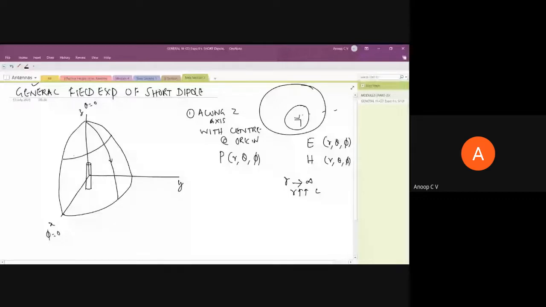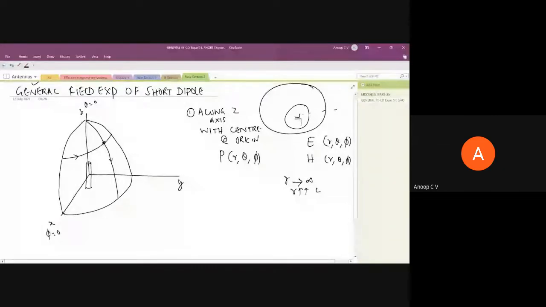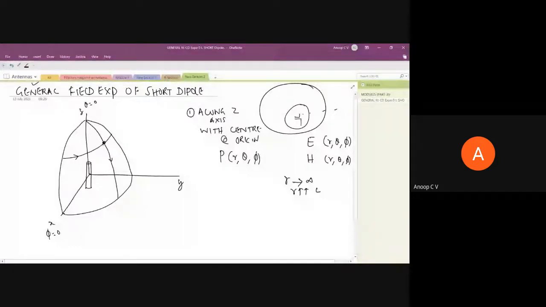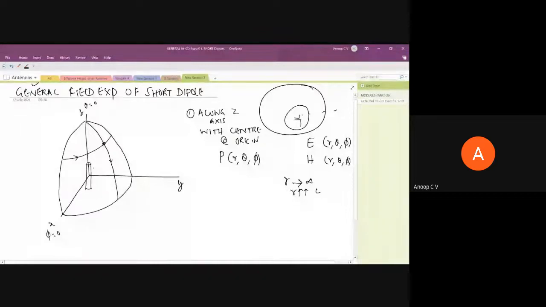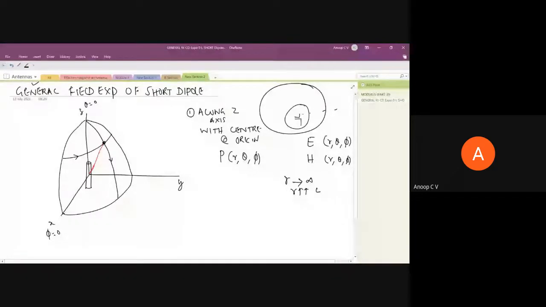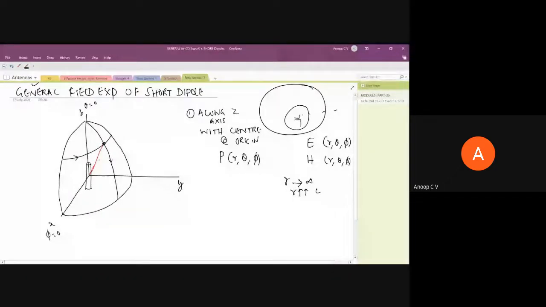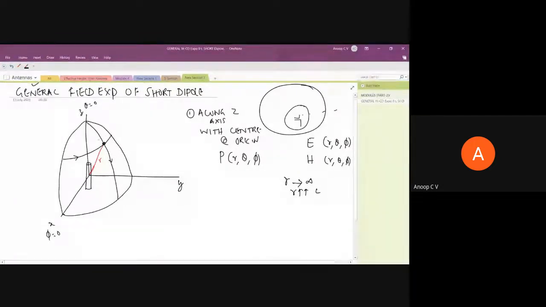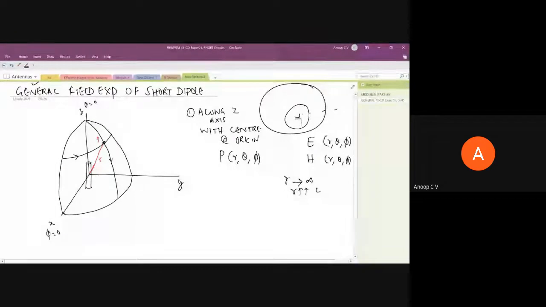So I can represent a point for a given theta and phi, and if I join this point and the origin, this distance is r, the radial distance of the point from the origin. This is my point P, which can be represented as r, theta, phi.